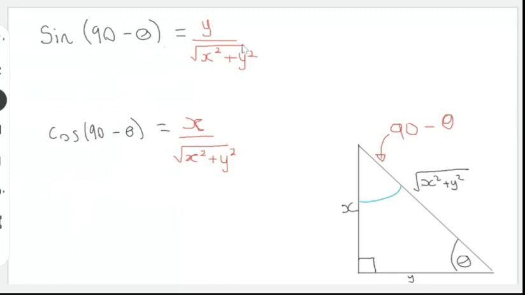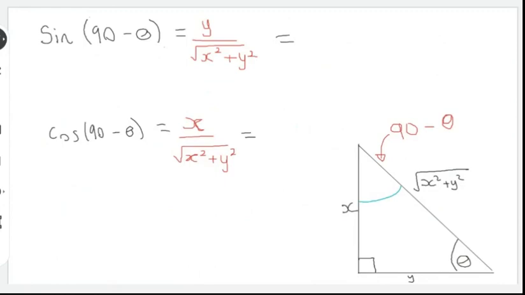For the person that wrote that on slide number 6, what's another expression for y over the square root of x squared plus y squared using that triangle? And equally, what's another expression for x over the square root of x squared plus y squared? I meant to say square root each time. So again, lots of different things to be looking at.